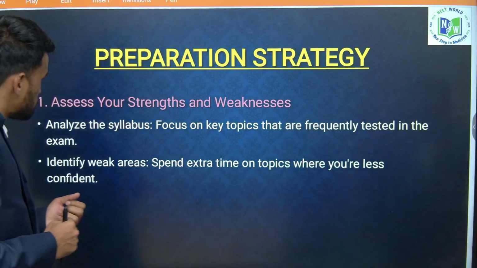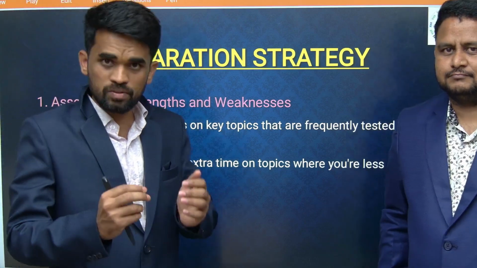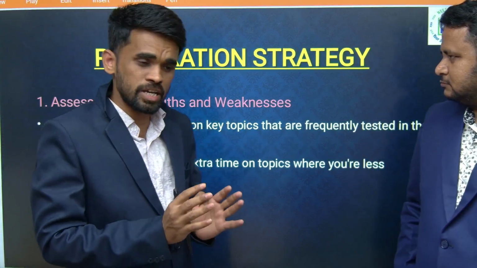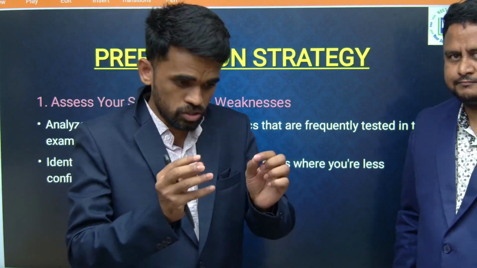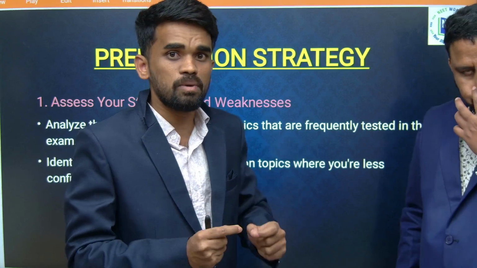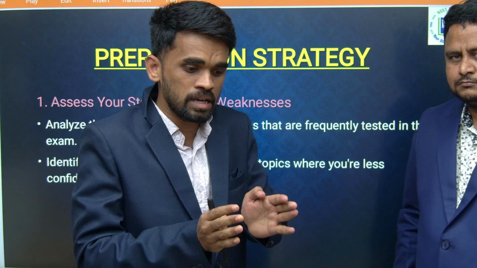Here, the first thing is to assess your strengths and weaknesses. Sit on a chair or a place where you feel comfortable and take a white sheet. Assess yourself: what I know, what I have been studying for the last 2 years, and what I should do now in order to do the exam very well.